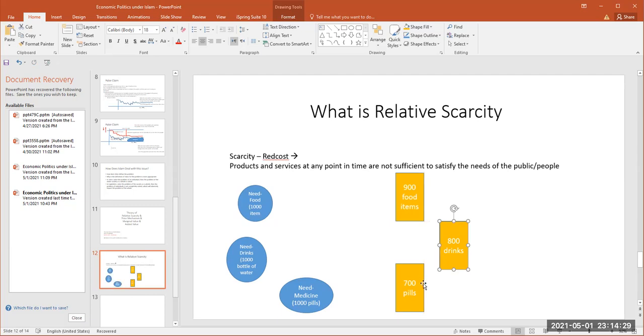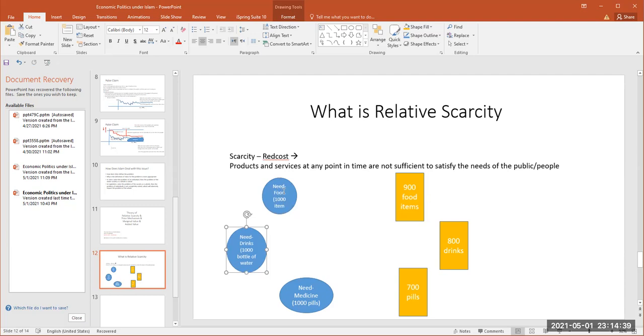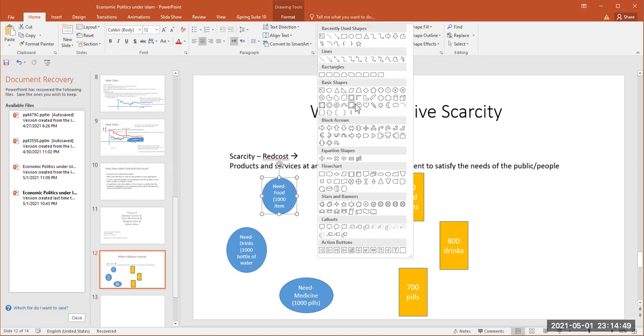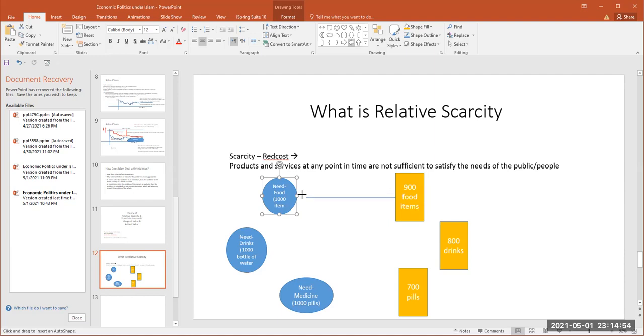So in the natural way, what Smith claims is that the 1,000 people here need 1,000 items. The supply is going to be, so this is the supply here.